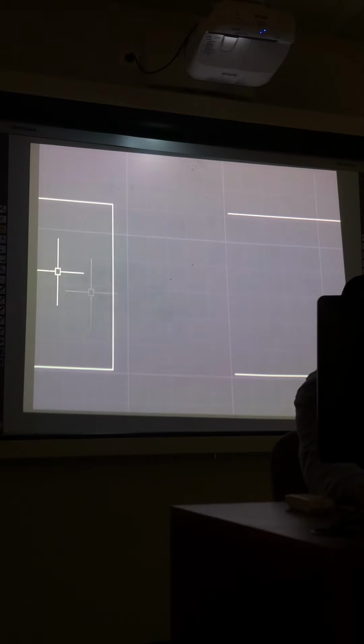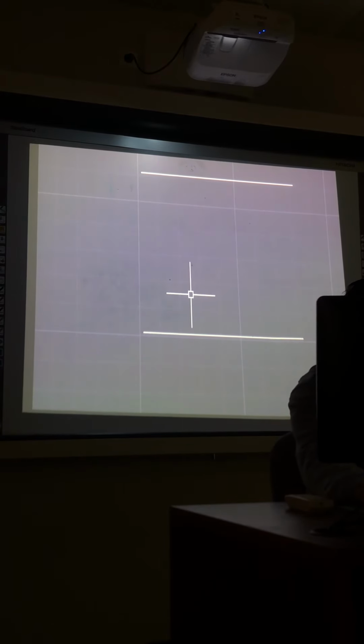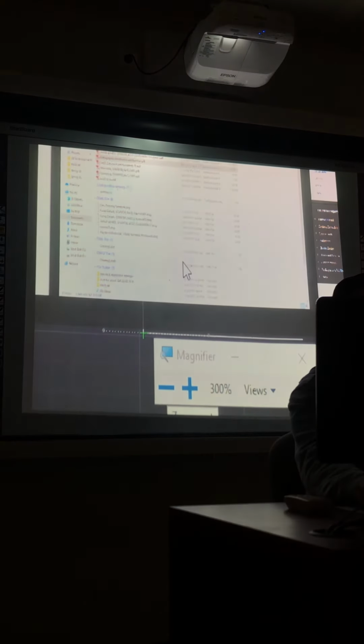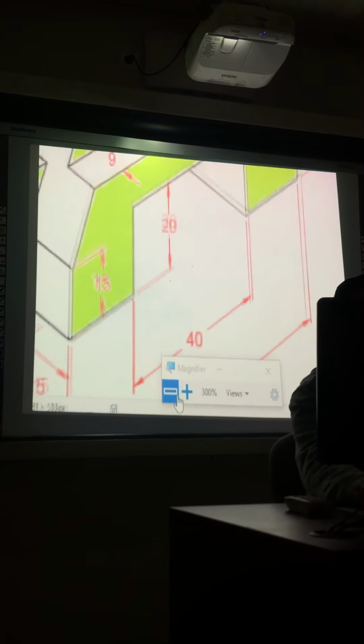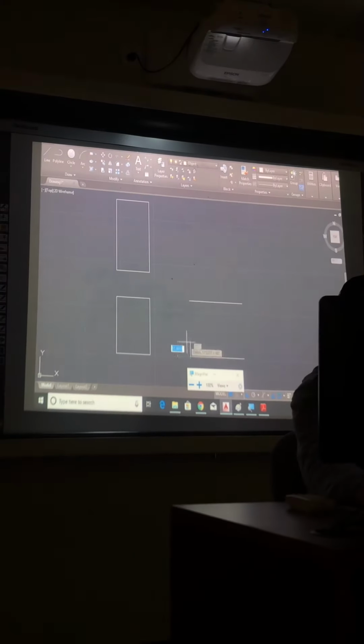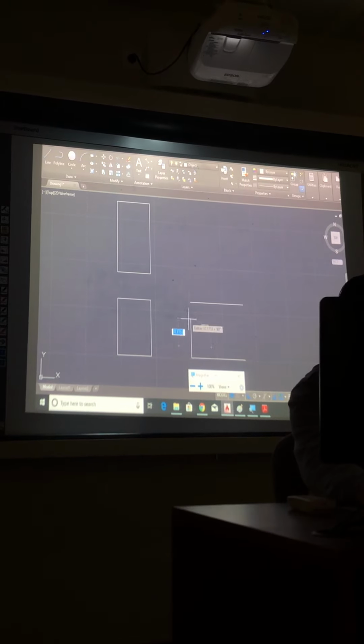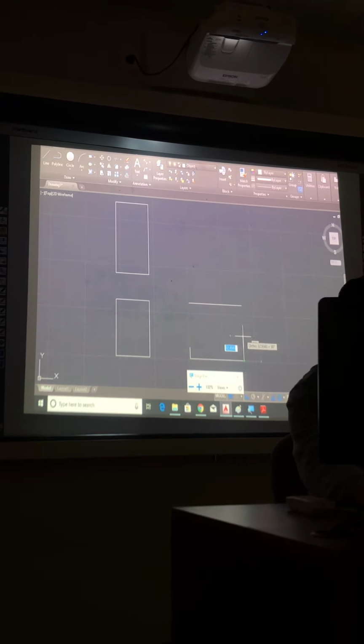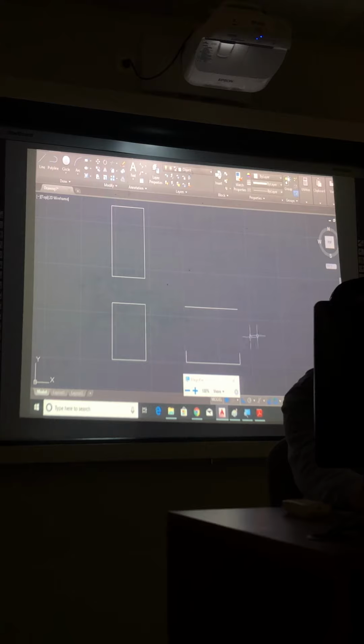Let me delete these two lines and let me make here this 15. And on the other side as well, there is 15, right?